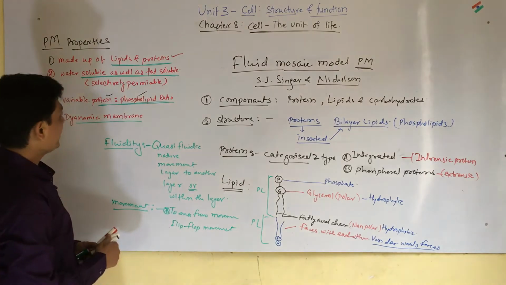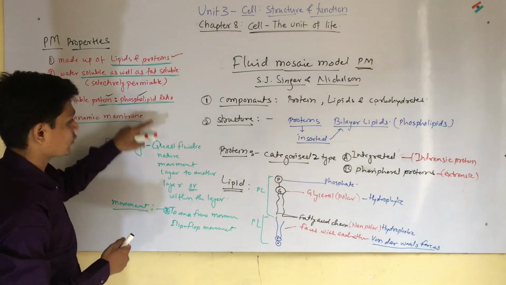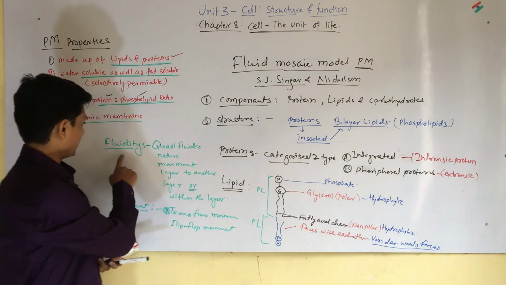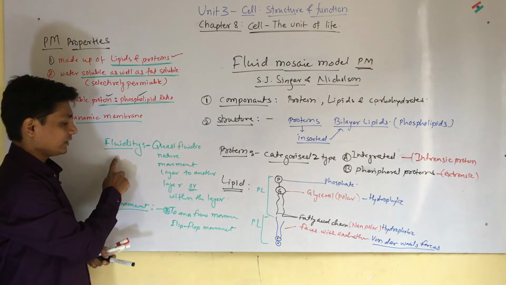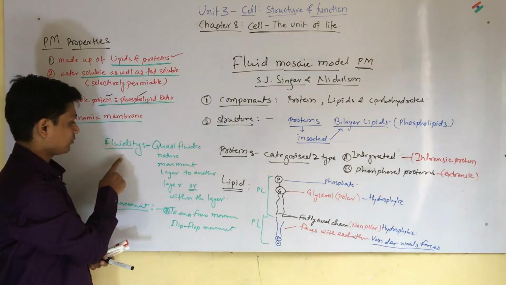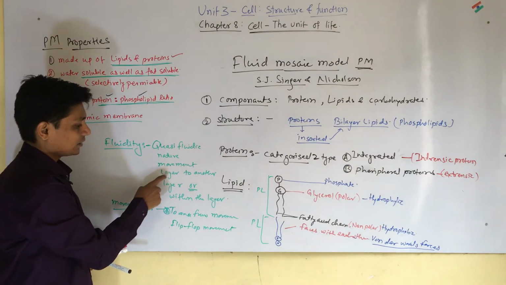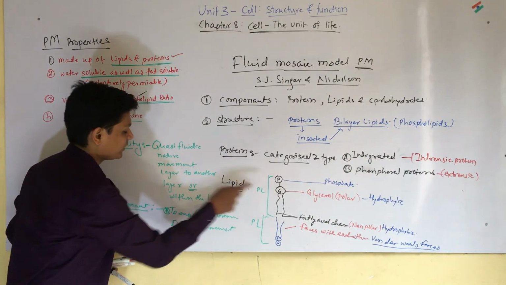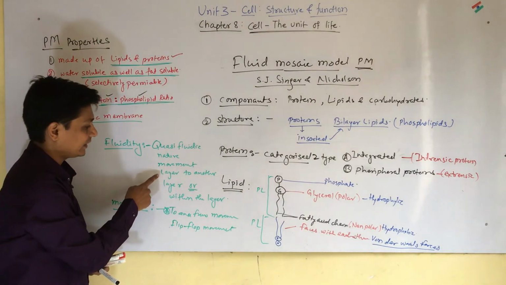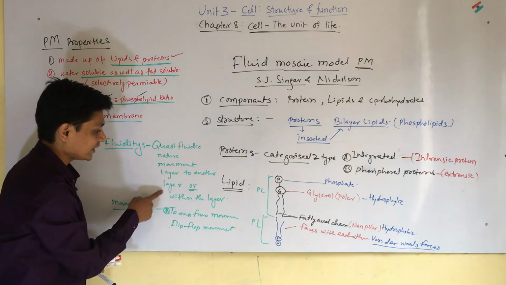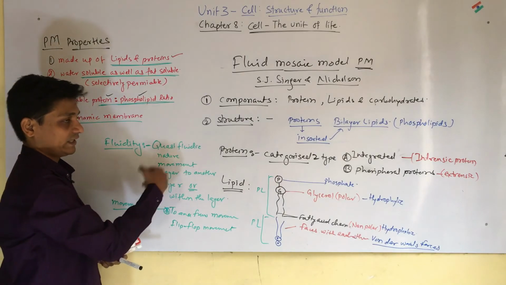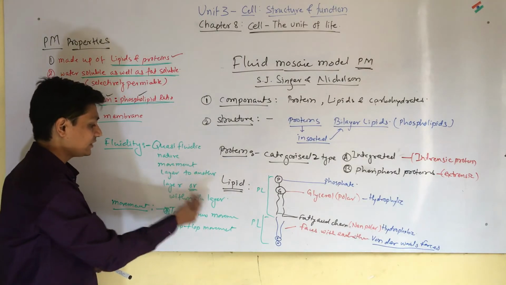Then the next one, that is variable protein to phospholipid ratio. Here we can see the fluidity of this model shows quasi-fluidic nature, meaning the phospholipids present in the bilayer change their position from layer to layer and within the layer.